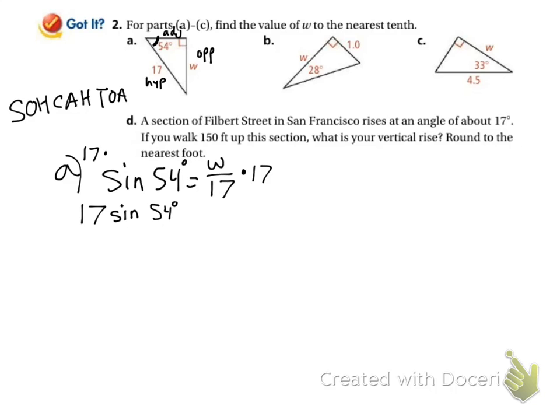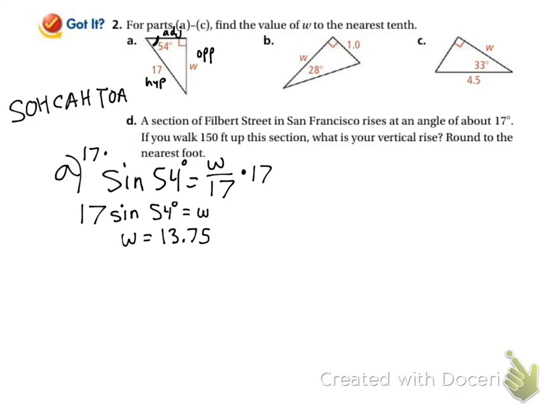You cannot multiply the 17 in there. Equals W. And then on your calculator, I would suggest starting out with doing the sine of 54, hitting the equal sign, and then multiplying by 17. So we get that W is equal to about 13.75.